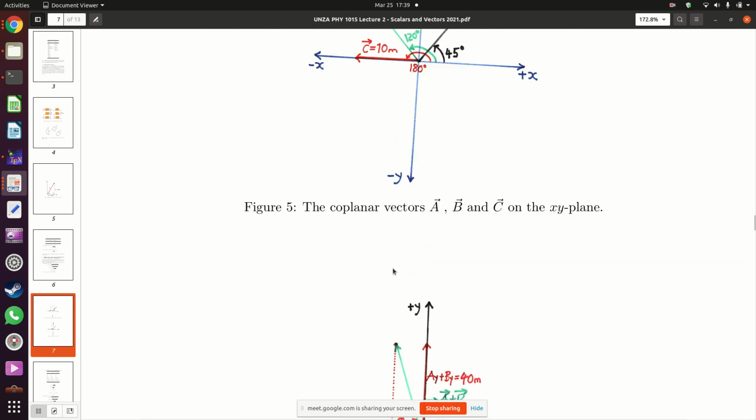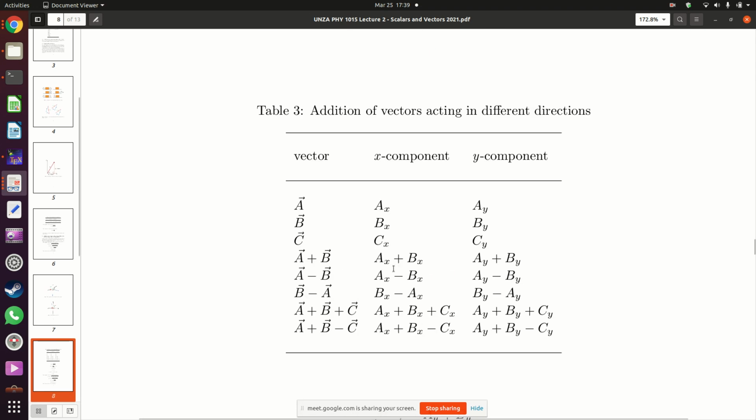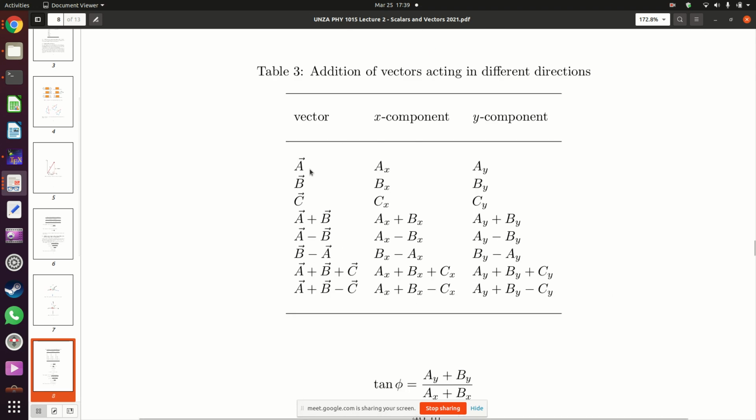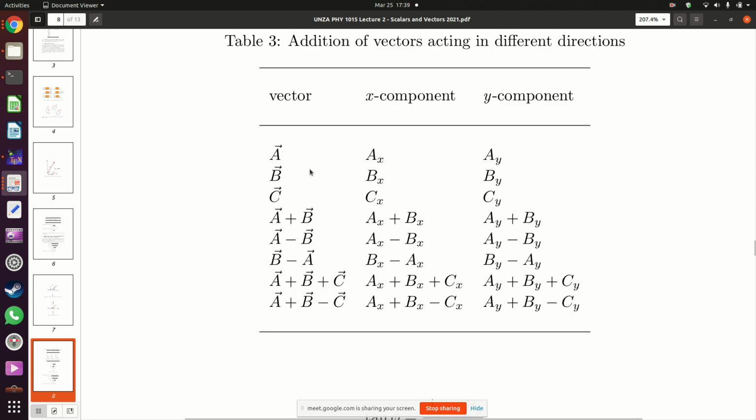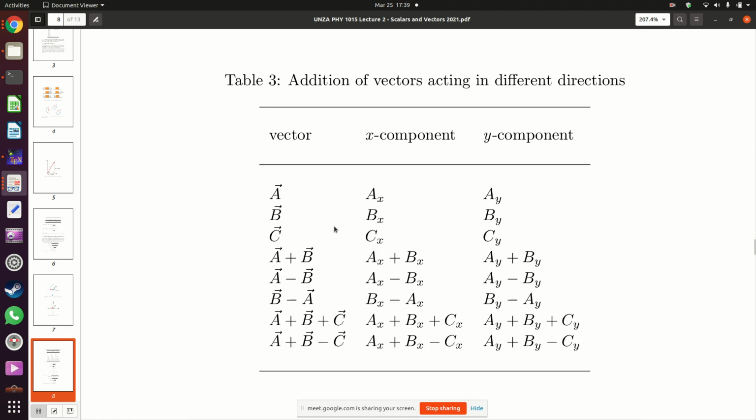Now, how do we use components? This is what we explain here. The first thing to do is, for each vector you have been given, for example, here we have three vectors: vector A, vector B, vector C. For each vector, you work out its x component and its y component, as we have demonstrated.